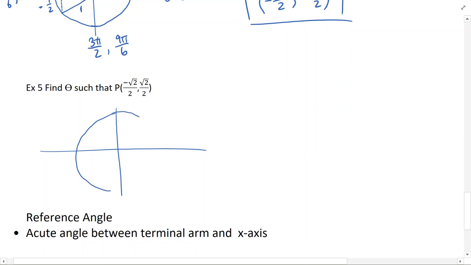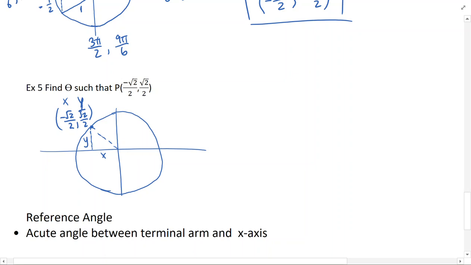So looking at our unit circle, we do know if we have negative root 2 over 2 and root 2 over 2, it's going to be like here. And you should be able to recognize these two sides. So basically our first point is our x, which is that length there. And here is basically our y, which is this point up and down.